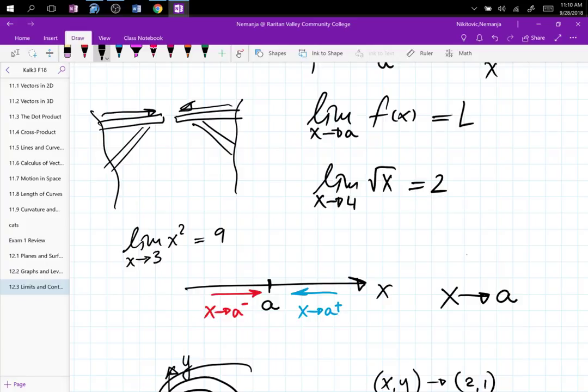Now, if all of those infinitely many pathways are all giving me, like in this apply problem, the same result, the limit exists. Well, guess what? I'm getting out, right? However, if one of those fails, I'm not getting out.